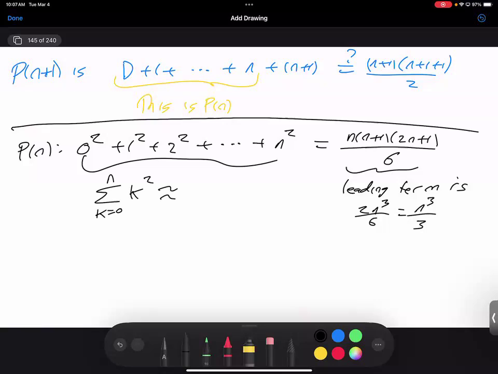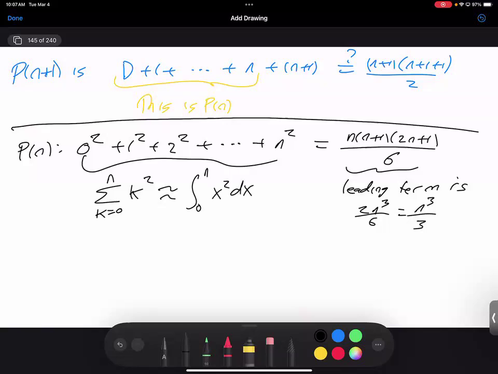How would you approximate a sum? So this is a Riemann sum, and so you would approximate. So the Riemann sum is approximating a what? An integral, right? So this would be like integrating from 0 to n of x squared dx.